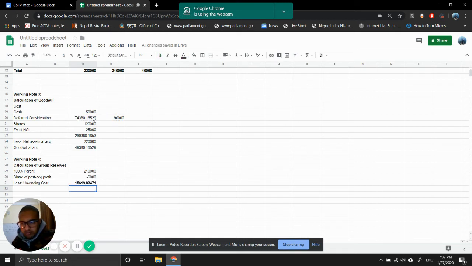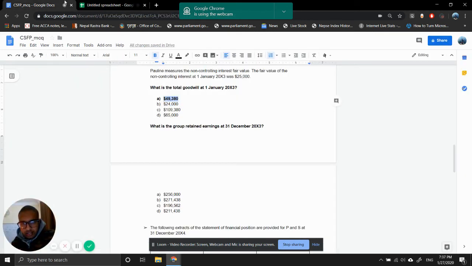So basically this should be in minus. Let's change the signs so that we get it in negative. Okay, so hold it, and then after that our total should be the sum of all this, 188,380. Why is it not there?